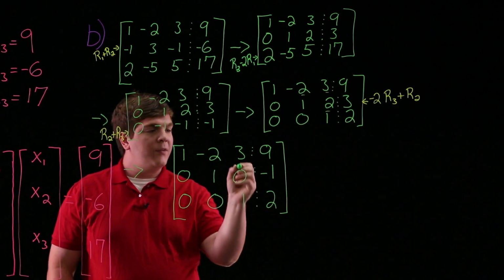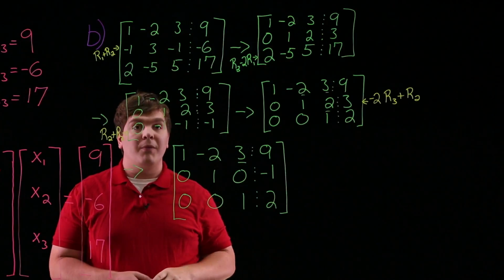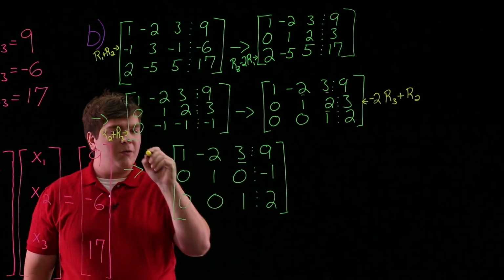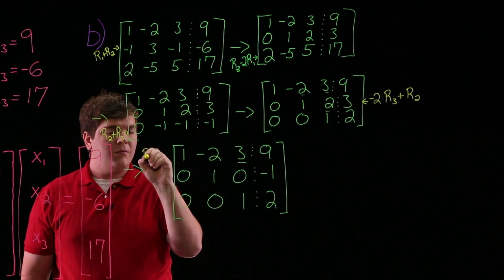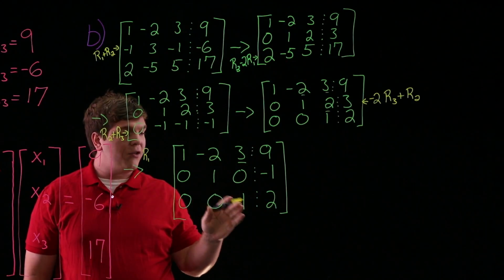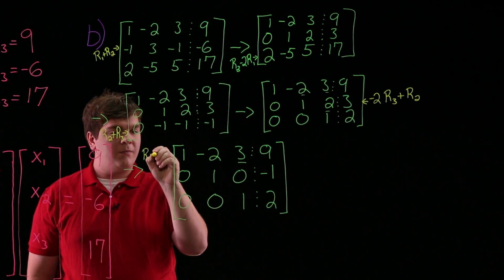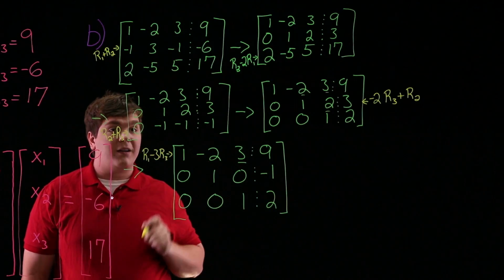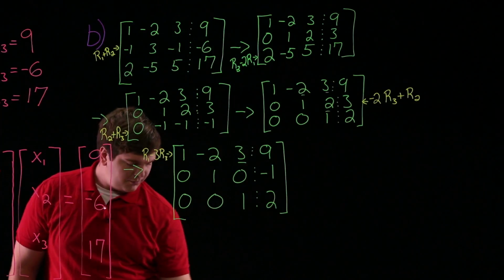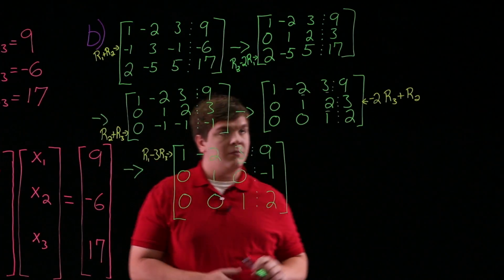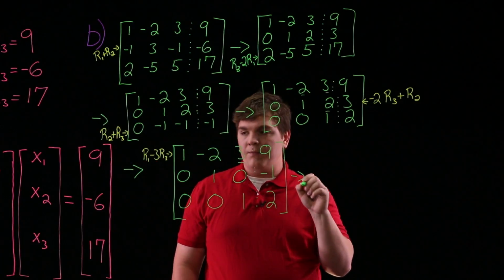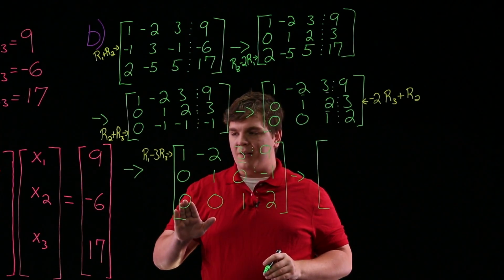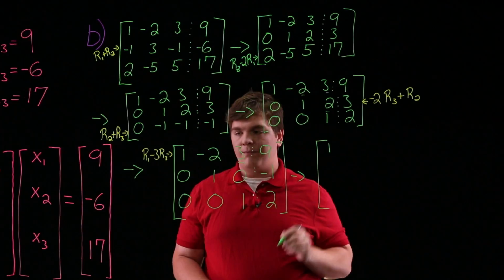Now what we can do here is let's try to clear out this 3 in the first row. We can do this by taking the first row and subtracting 3 times the third row, and we'll place this back into the first row. So where this puts us is we'll have 1 minus 3 times 0, it's still 1.